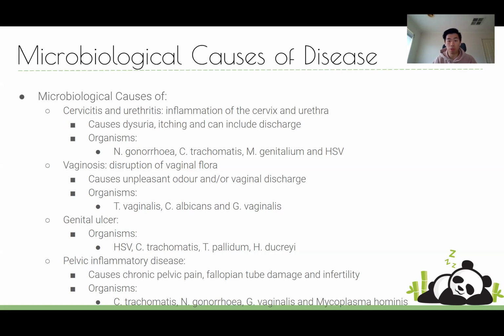Vaginosis is disruption of the vaginal flora. It can cause an unpleasant odor and vaginal discharge, which has to be abnormal or different to what they are normally expecting. Genital ulcers and pelvic inflammatory disease, which Elaine talked about a little bit, are not incredibly important, basically just scarring, I'm pretty sure, from these infections. But we'll go into those in a little bit of detail.